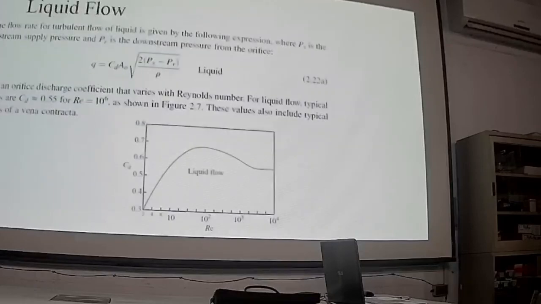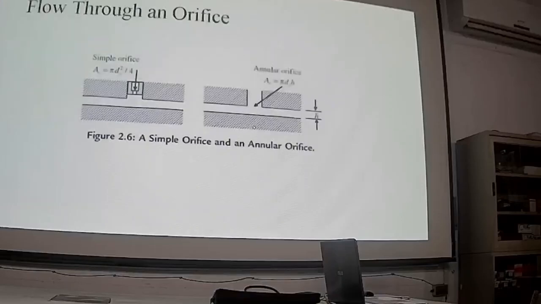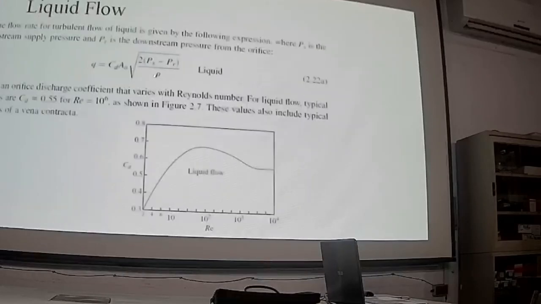So this is the formula you can use to calculate the flow rate downstream. The orifice restrictor flow rate is calculated using this formula. Cp is the discharge coefficient.